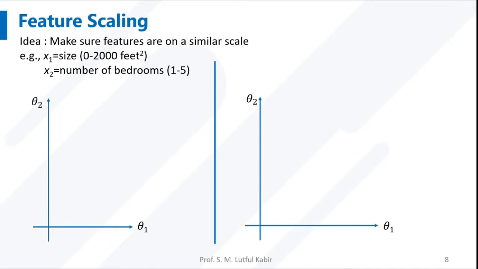And if we assume that the size of the house varies between 0 to 2000 and the number of bedrooms varies between 1 to 5, and keeping the values as they are, if we run the gradient descent algorithm, then it will converge to a certain point.